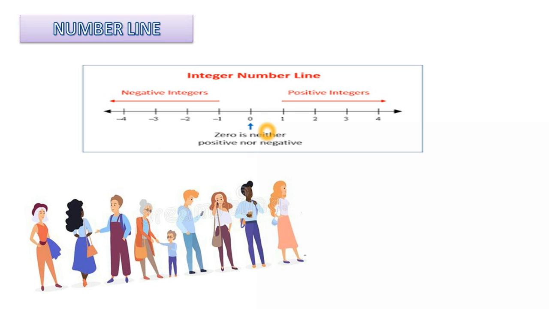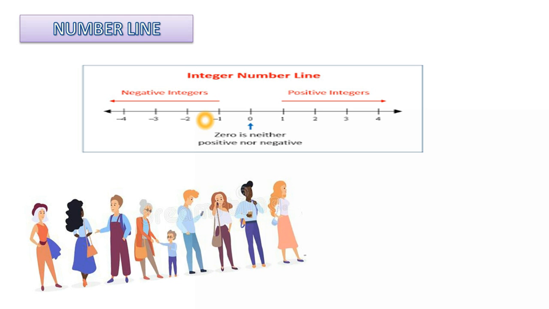As you can see on the screen, you have 0 at the center. On the right side, you have all the positive numbers, 1, 2, 3, 4, and so on. And on the left side, you have all the negative numbers, like -1, -2, -3, -4, and so on.